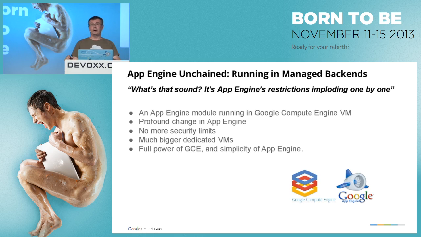Run some scripts, maybe an apt-get, possibly a native shared library written in C++ and do a JNI call from your web application. You can do that. So basically you have the full power of Compute Engine, but you keep the simplicity of the AppEngine model.